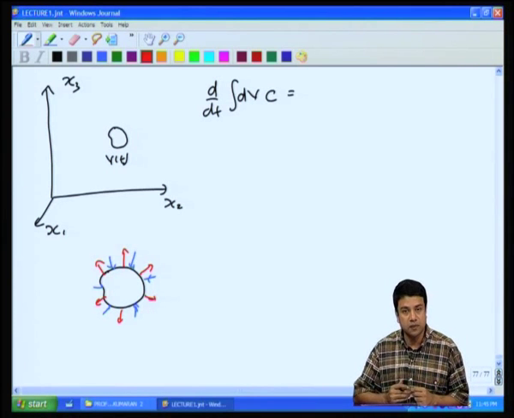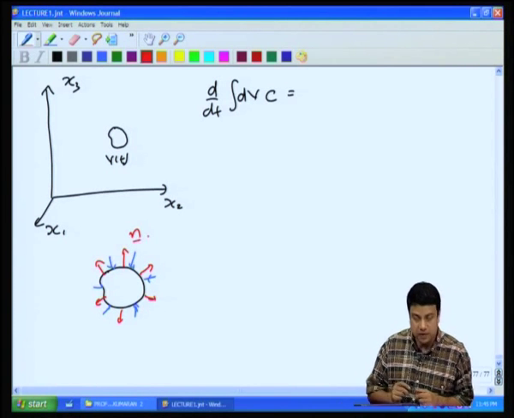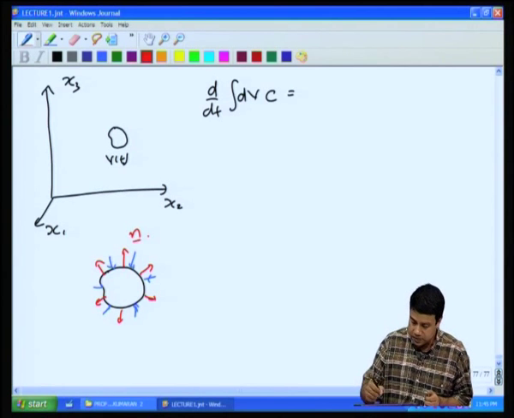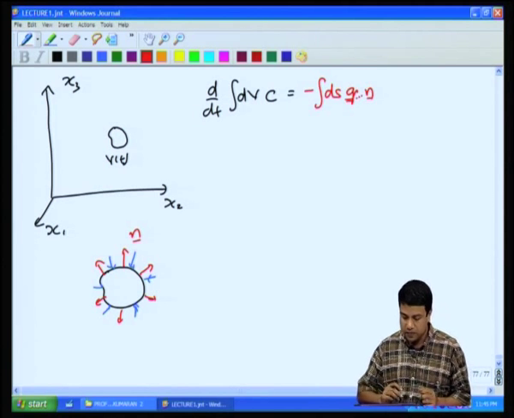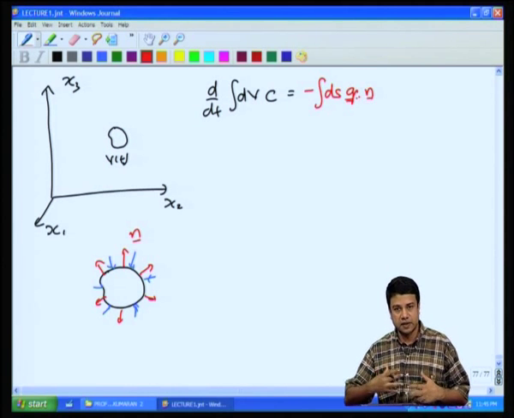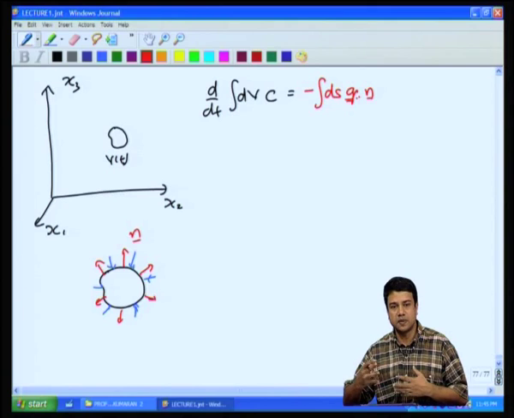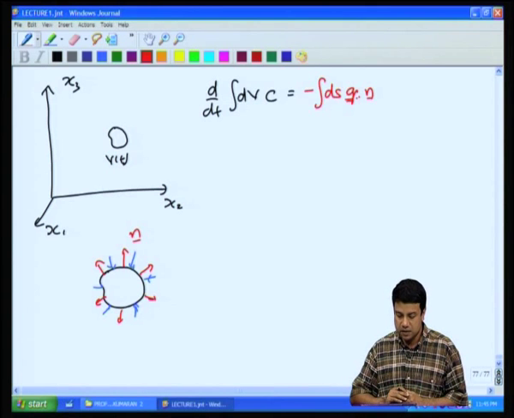I have defined my unit normal n as the outward unit normal in this case, and therefore, this is equal to minus integral over the surface of q dot n. When q dot n is negative, the mass increases. So, when q and n are in opposite directions, the mass increases. So, this is equal to minus integral over the surface of the mass flux, that is the amount of material coming in per unit surface area per unit time.